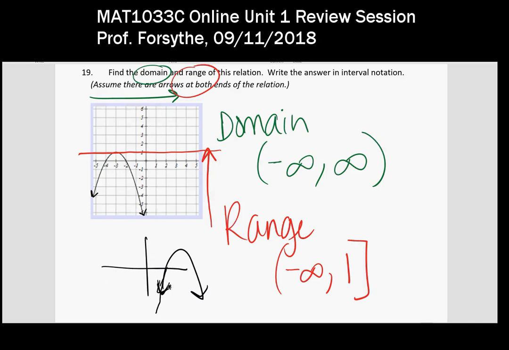This arrow means it continues. As you move to the left, it's continuing on. It's not stopping. No matter how far to the left I go, it's still negative infinity. So it's not because we're on the left side of the graph, it's because the arrow is going to the left side of the graph. Does that make sense? Okay, cool. Yeah, good question though, because I can see why you would think that.